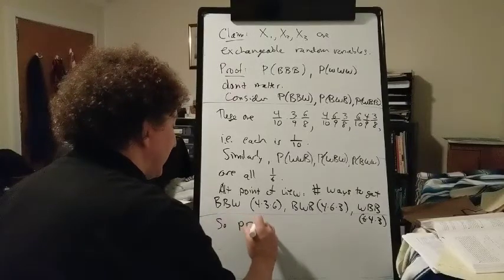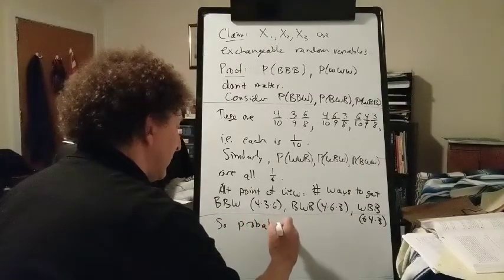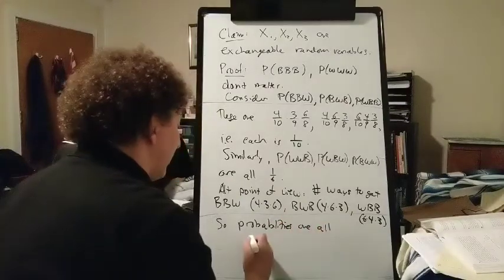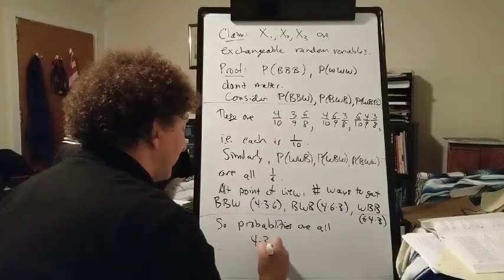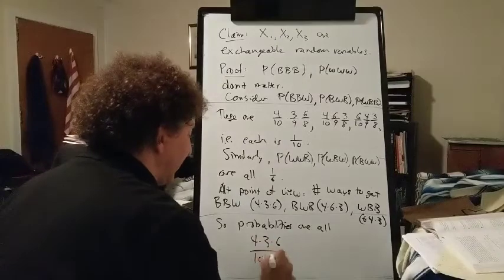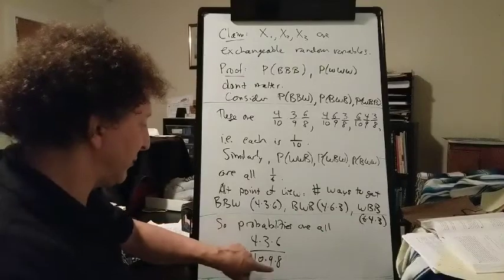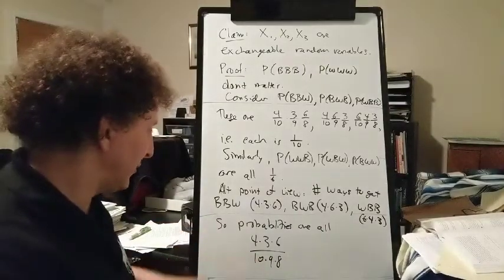So the probabilities are all 4 times 3 times 6 over 10 times 9 times 8, because the number of ways to choose the first marble, second marble, and third marble are always 10 times 9 times 8.